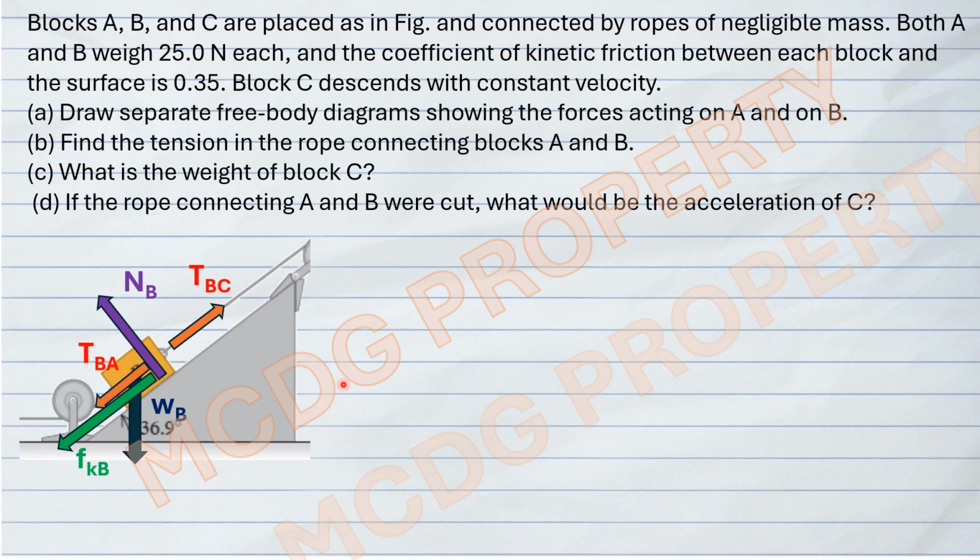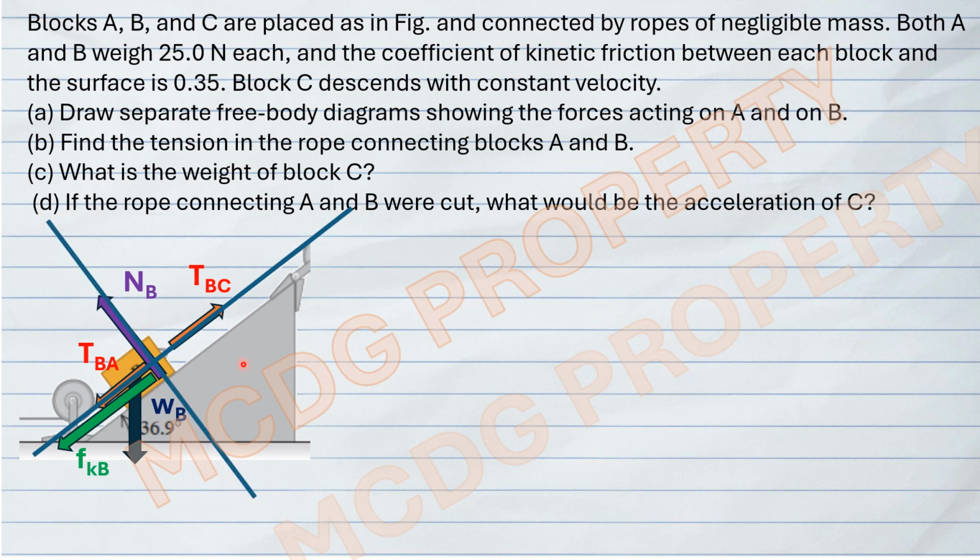Now next, let us draw the free body diagram of all the forces acting on block B. In this particular case, again, we have our x-axis as the one that is parallel to the surface. So this will be our x-axis. And of course, this will now be our y-axis.